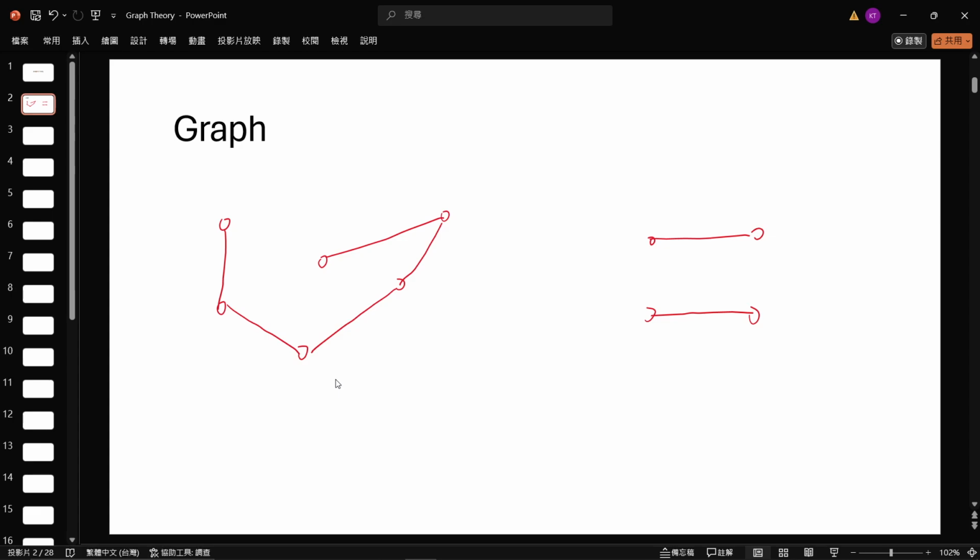If you're considering a social network, then these dots can be users or user accounts. And if these circles are user accounts, then what will these links be?